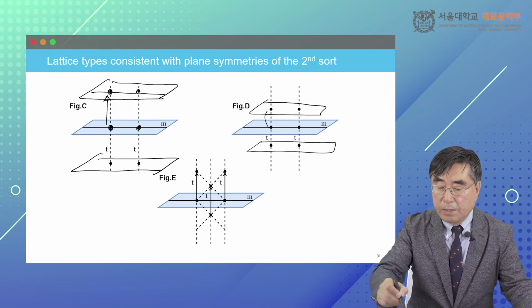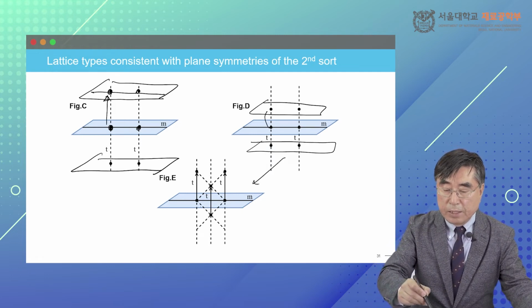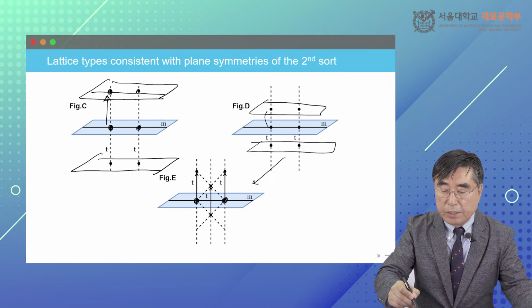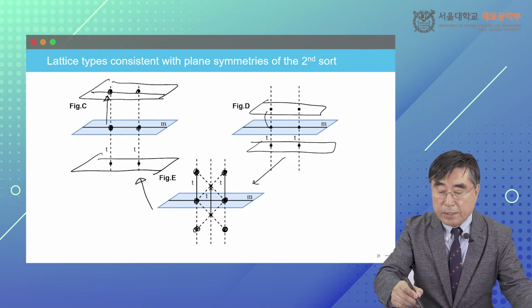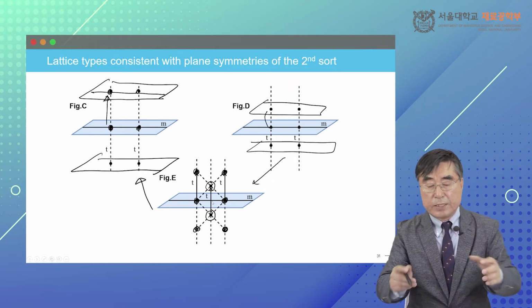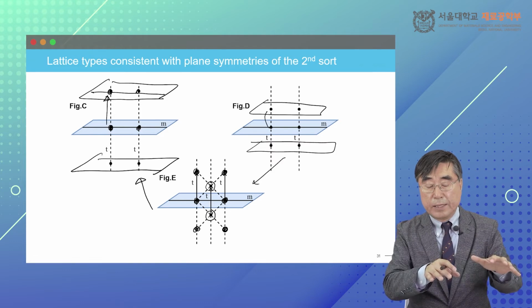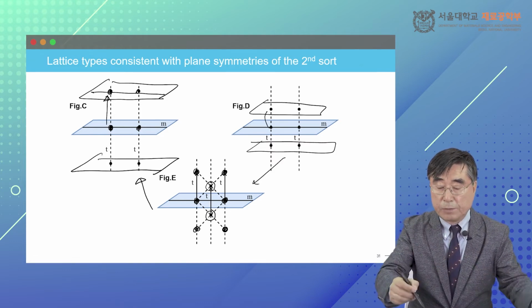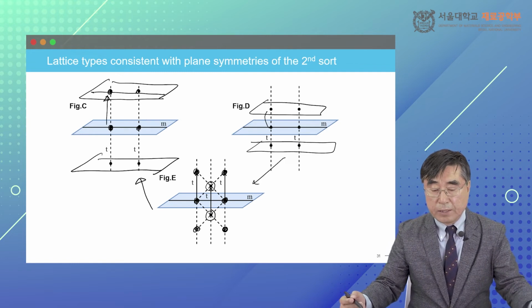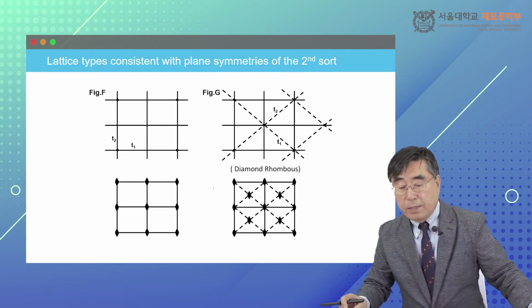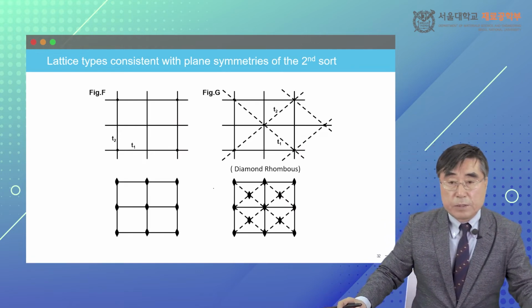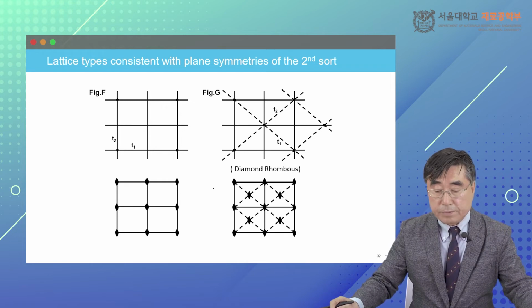But another set that we can put is where the lattice point is here, as we told you in this case, and another set of lattice points is put in between the mirror planes. So one set is in the mirror plane, and one set is in between the mirror planes. There is another set that we can put this lattice point with respect to the mirror planes. Based on that, there are two different plane nets that we can develop.